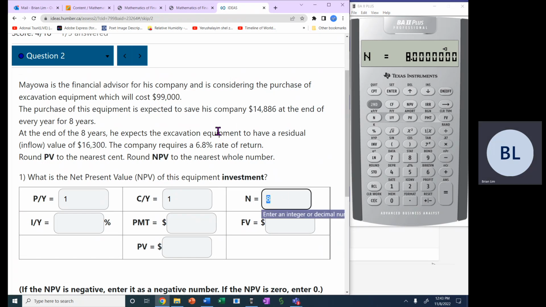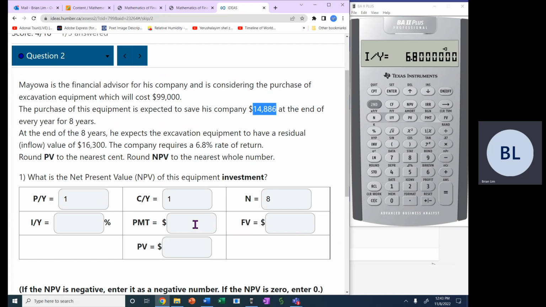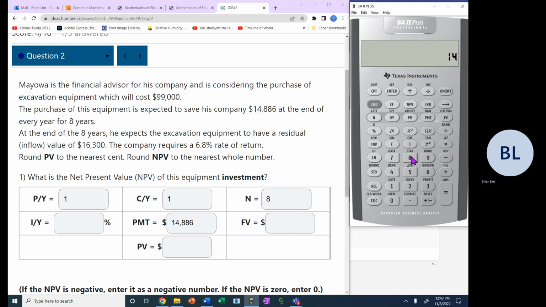The interest rate is 6.8. The present value is what we wish to compute. The payment in this case is $14,886, correct? So let us put that in for the payment, 14886.